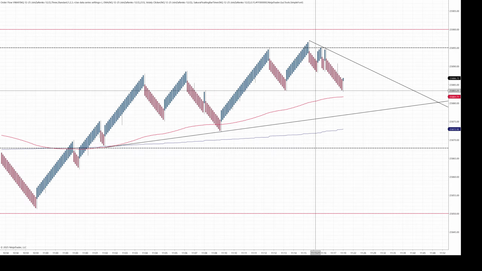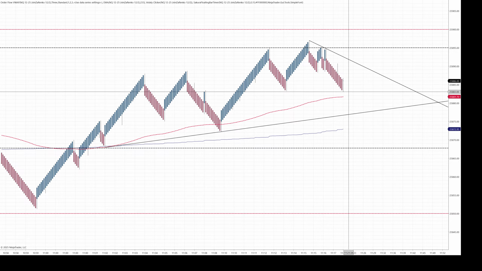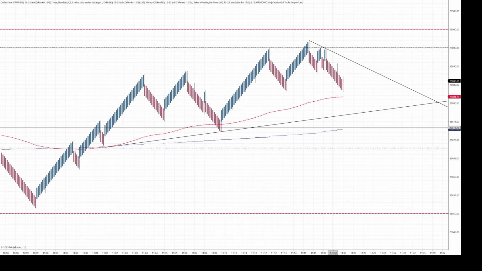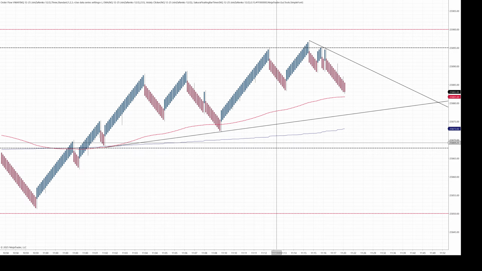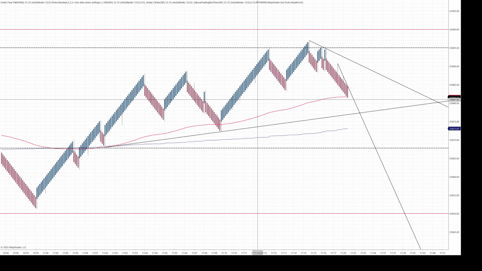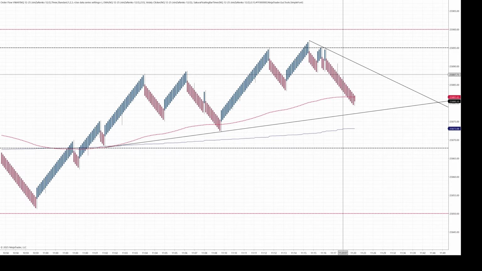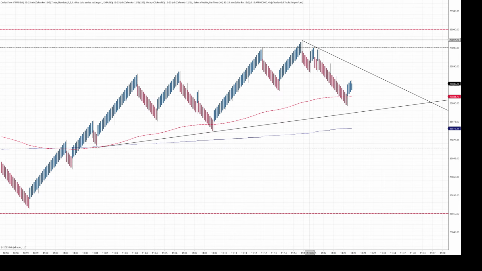Okay, this line's gonna get deleted. I wanted to take this reversal, but we have that trend line in the way.